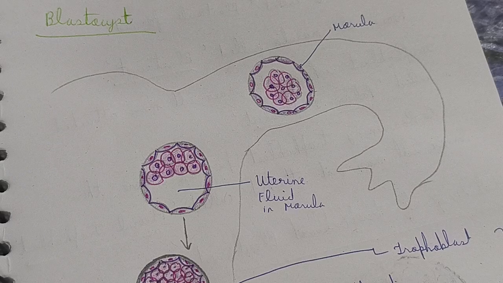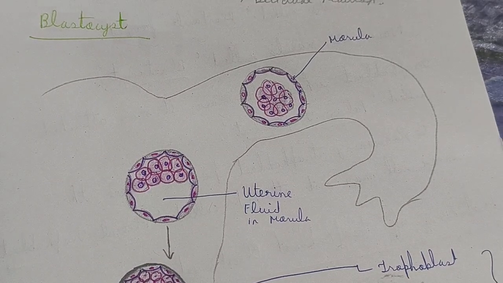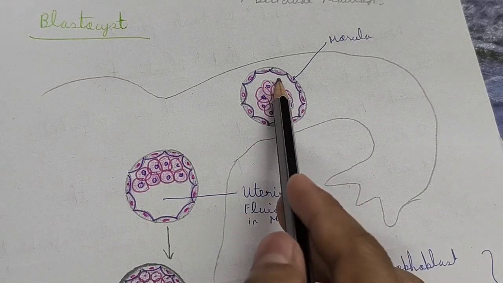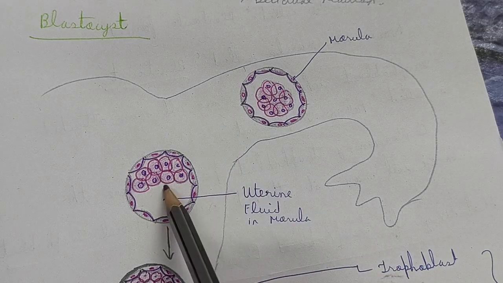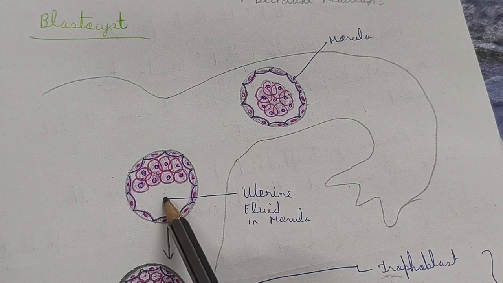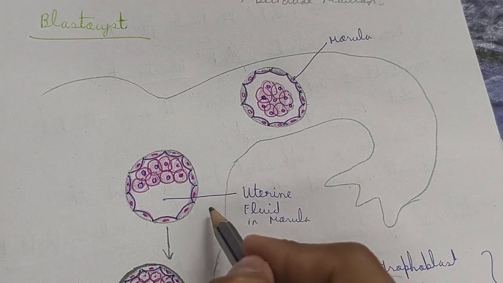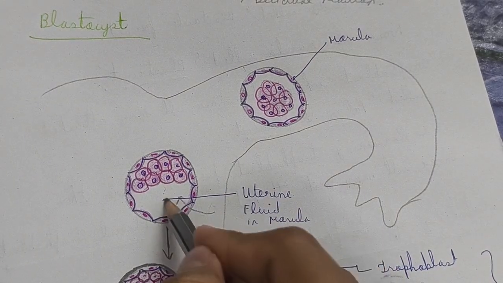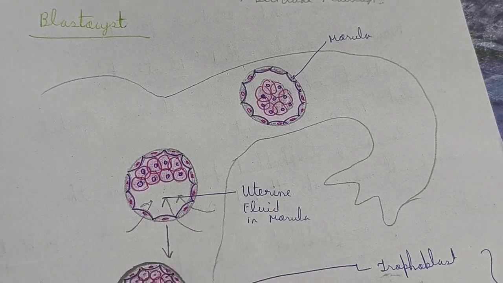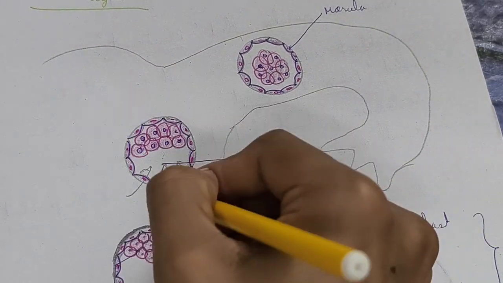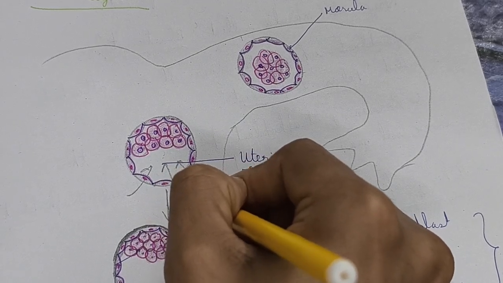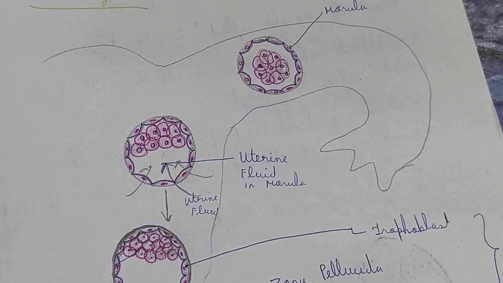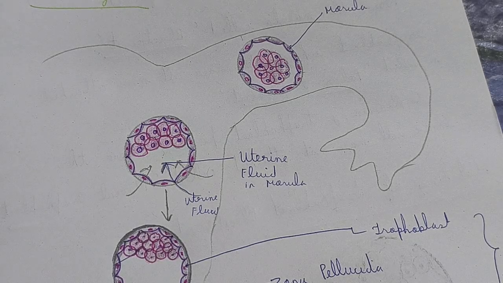Now the third stage is about the blastocyst. You can see here that the morula is within the uterine tube, the fallopian tube. But when the morula reaches the uterus, uterine fluid accumulates in the morula.